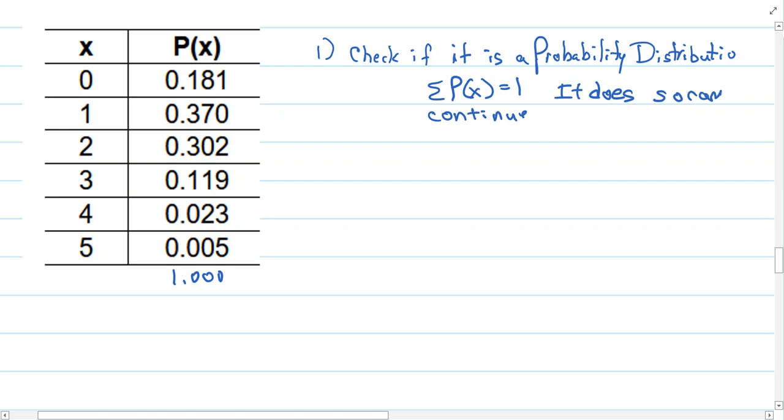Okay. Well, the next thing we want is the structure of the probability they want us to look at.